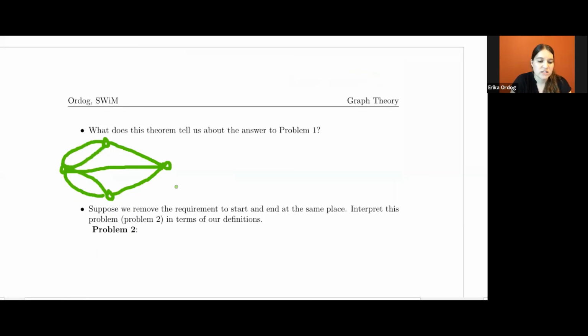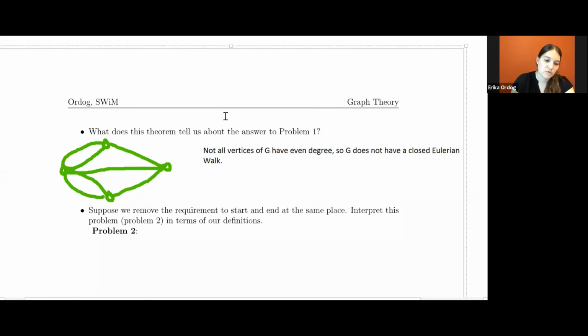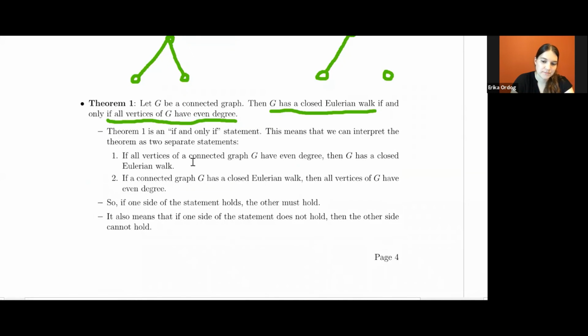Do all vertices of G have even degree? No. This vertex, for example, has degree 3. So G does not have a closed Eulerian walk. And I forgot to mention, it's important that G is a connected graph. If it weren't, then we would not have this statement.